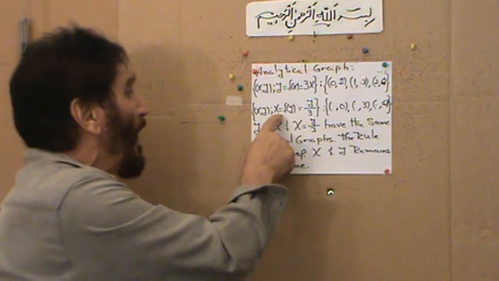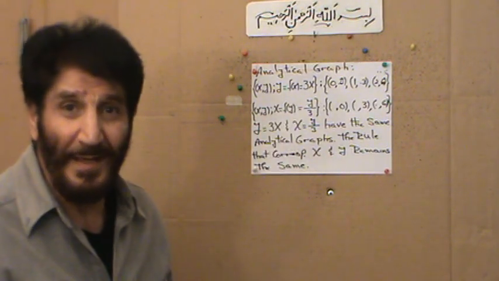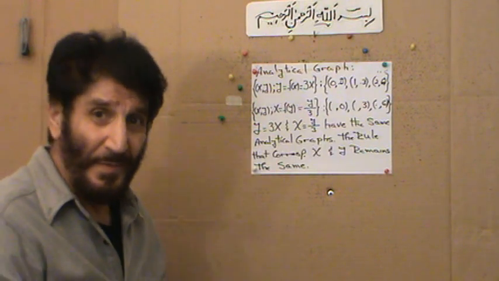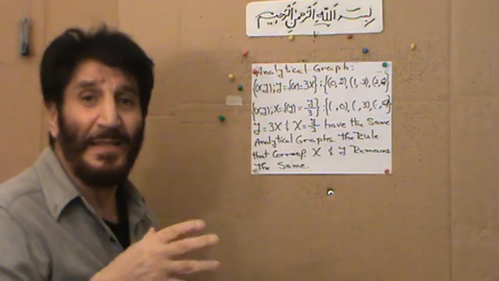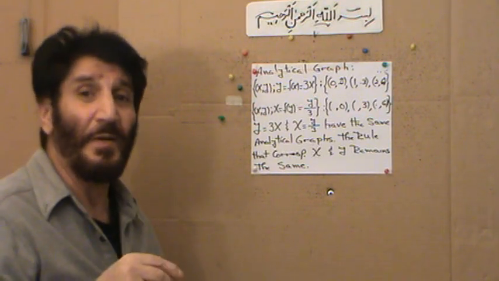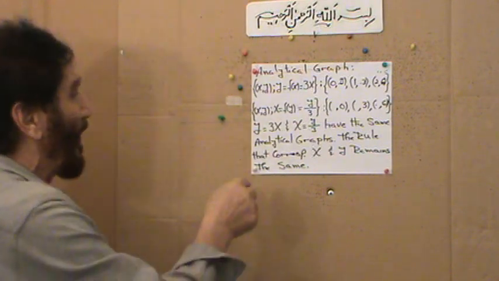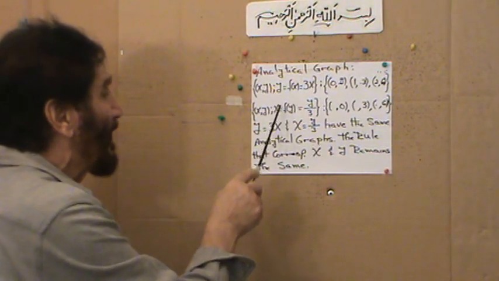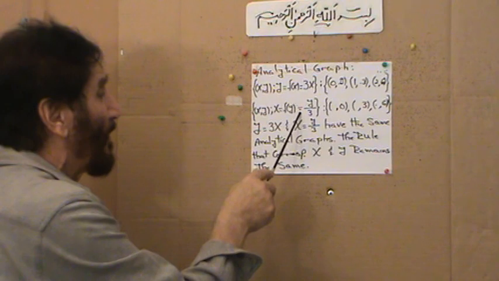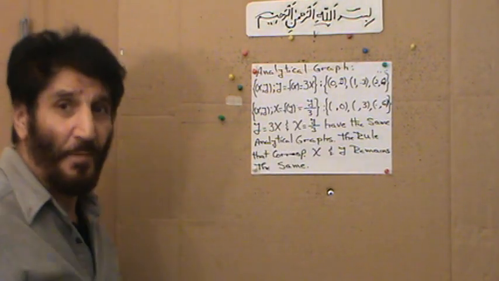Now, look what happens when I do it that way, when we say x is a function of y. All right? The previous ones, I said they were equivalent. y equals 3x is equivalent to x equals y over 3. So if I write it like that, look what happens. x is a function of y with the rule of correspondence y over 3.